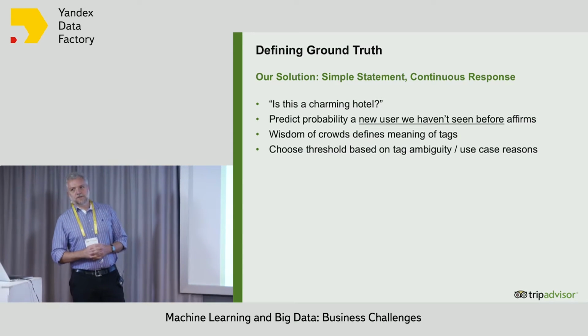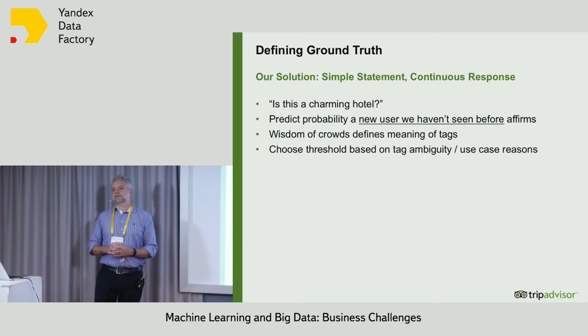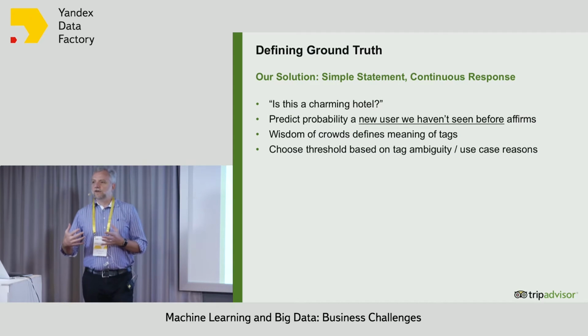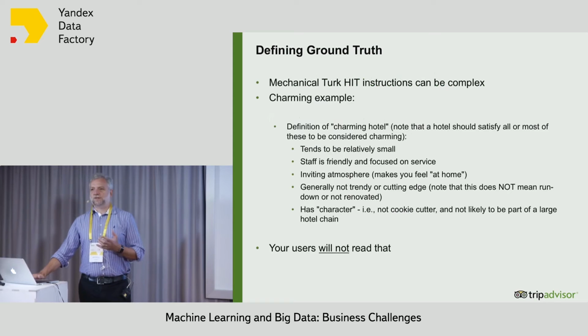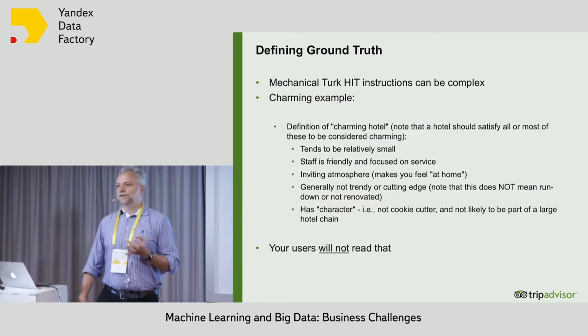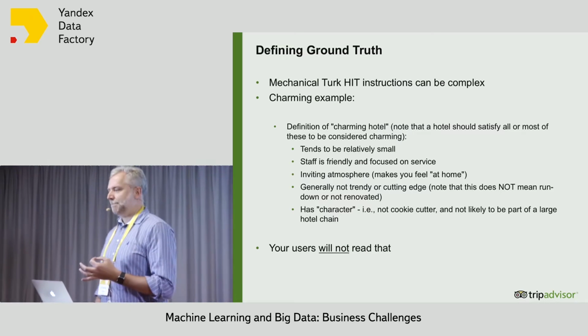This is a very interesting approach because you use the wisdom of crowds to define the meaning of your tag. When I'm thinking about charming, a single word, is this mess what charming means? Well, maybe, but not really. What charming means is what your users think it means.